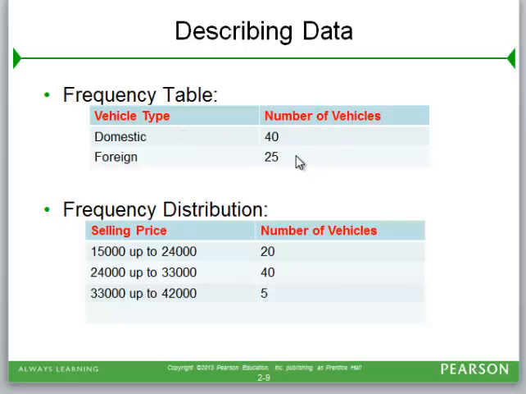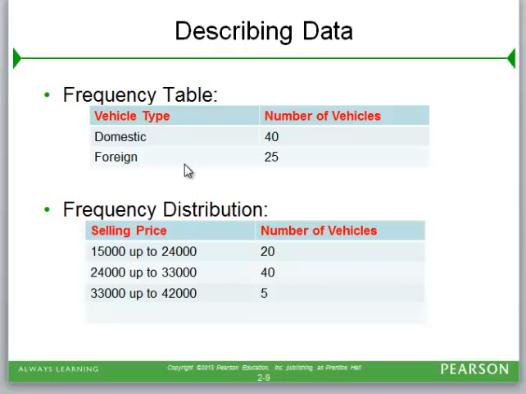We call that class frequencies, to get a frequency table. In the same way, we can group the quantitative data into mutually exclusive classes and show the number of observations on the right to develop a frequency distribution.